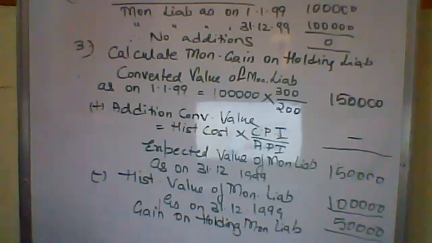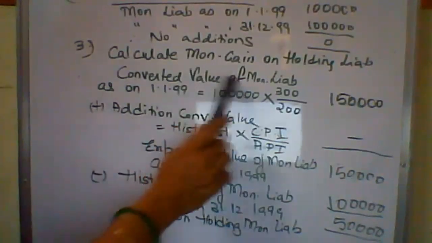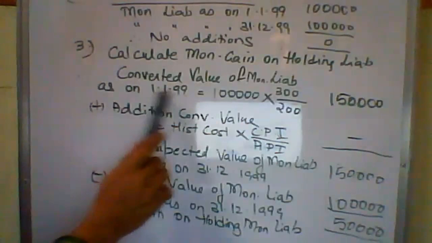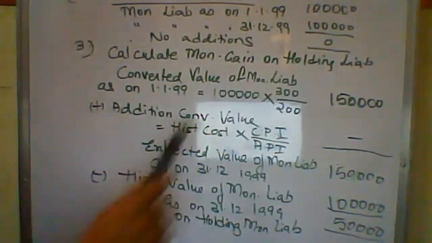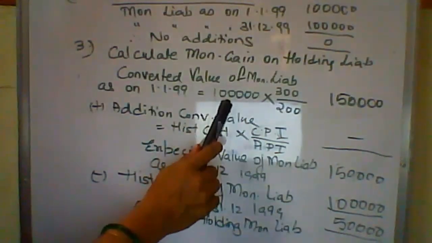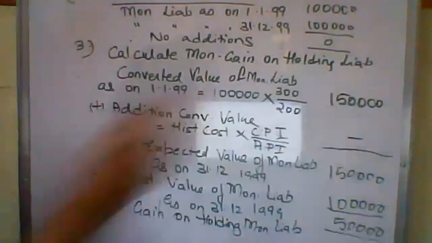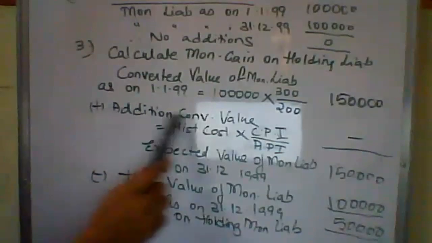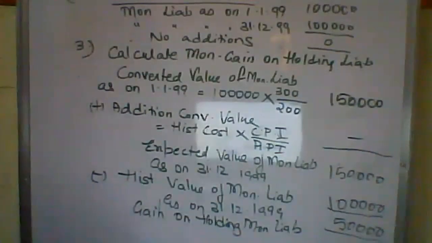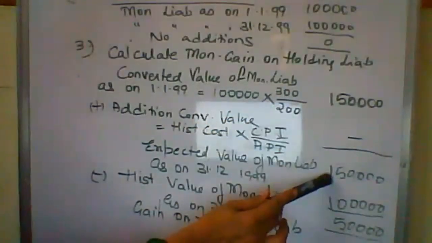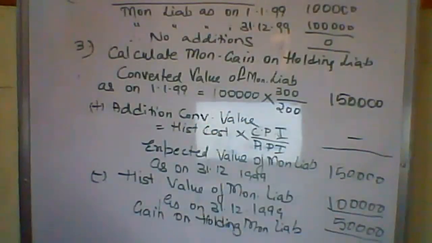So what happens? First, converted value of monetary liabilities as on 1st January 1999. 1 lakh into 300 divided by 200. Value is coming to 1 lakh 50,000. Additions are not there on your liabilities, so this becomes 0. Total expected value at the end is 1,50,000.